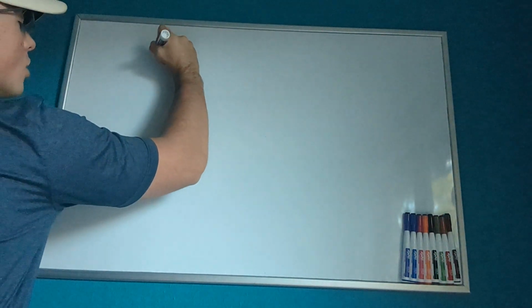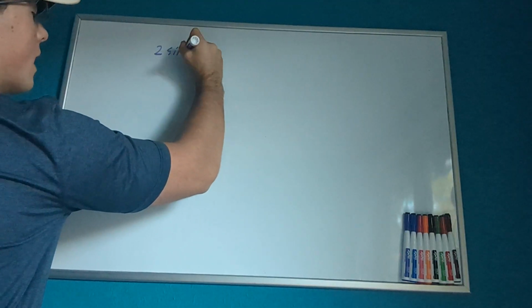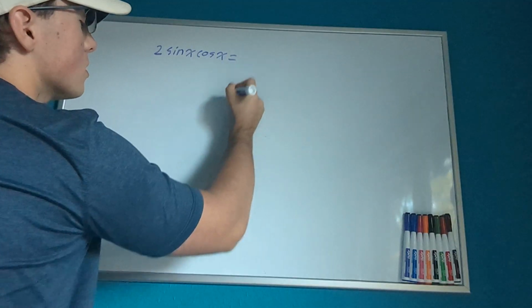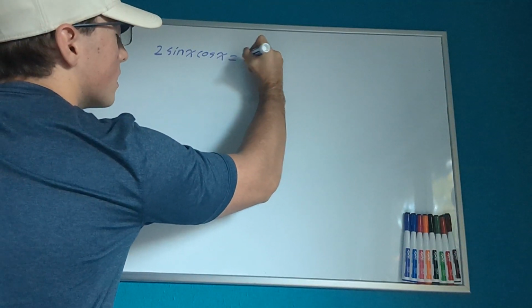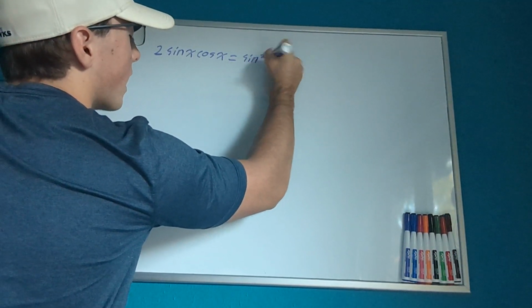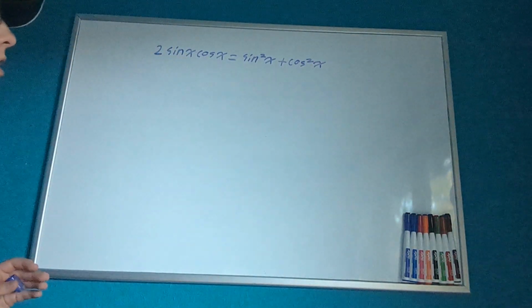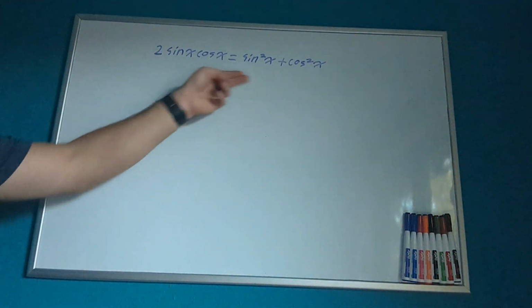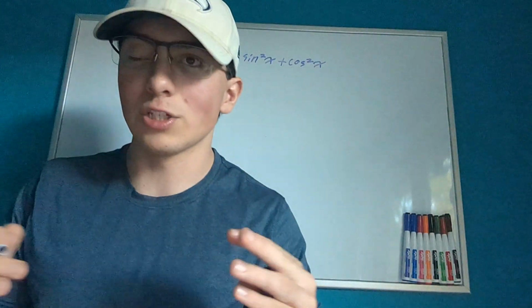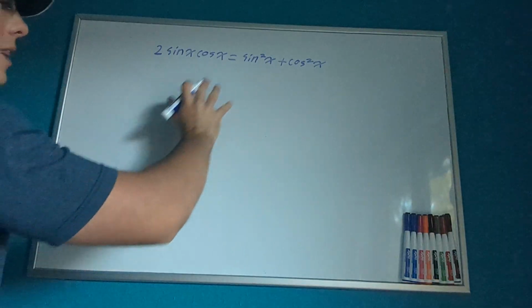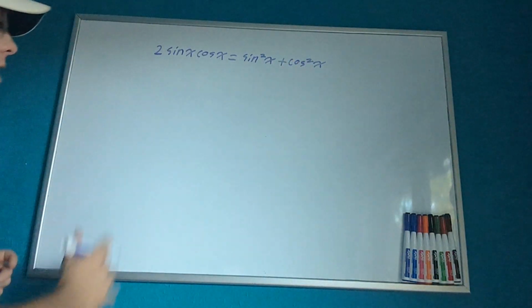Now, let's say we have 2 sine x cosine x equals sine squared x plus cosine squared x. Now, you might look at this, especially if you're just getting an intro, and you might get really startled, right? We have sine, cosine being multiplied together, and then we have a sine squared x and a cosine squared x.